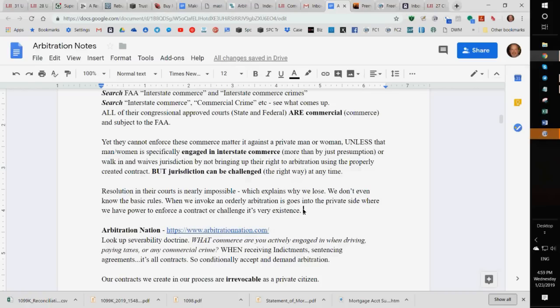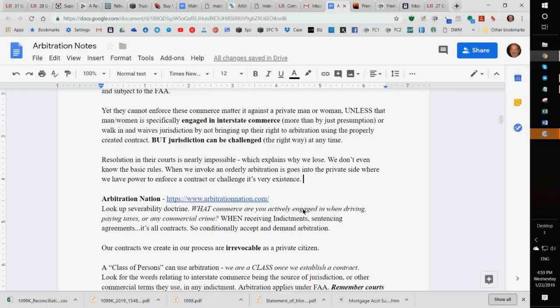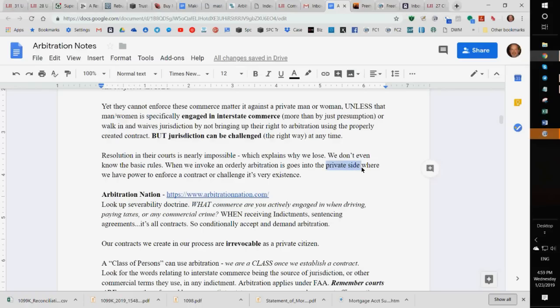Okay? So people talked for years about getting to the private side, the common law side of the court. We've just shown you where it is. It's Matthew 18, verse 16, doing a contract, getting it privately arbitrated, and then walking in with that in hand.